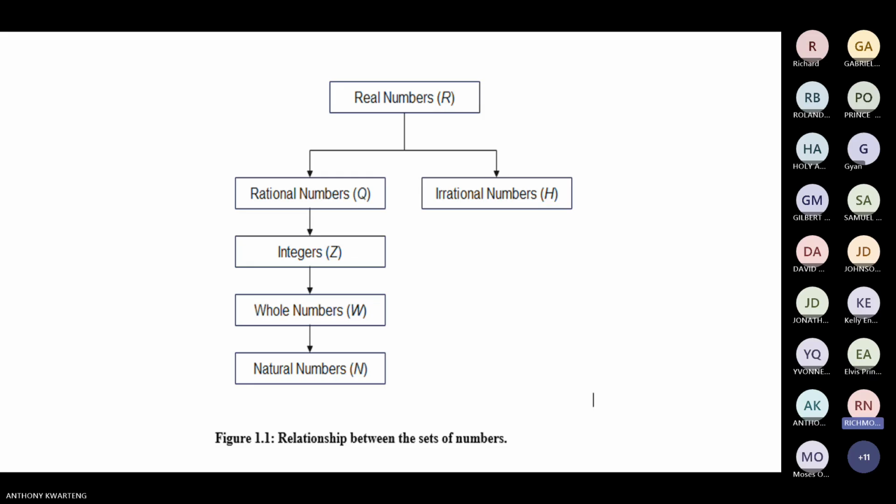Can you say that a perfect number is a positive integer? What is a perfect number? It's a positive integer that is equal to the sum of its proper divisors.